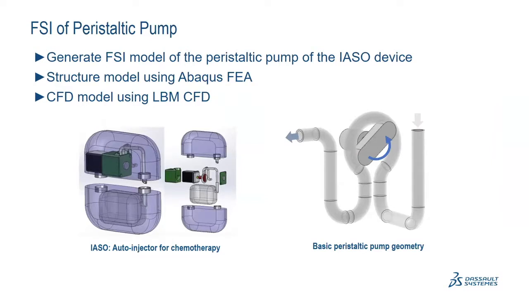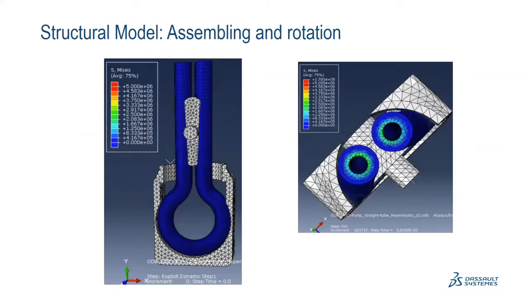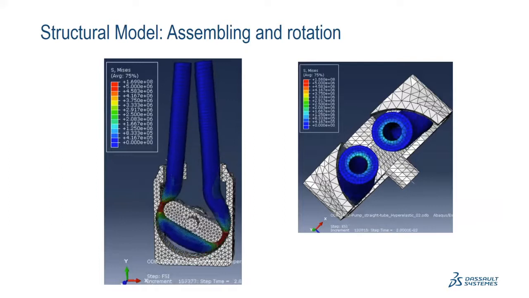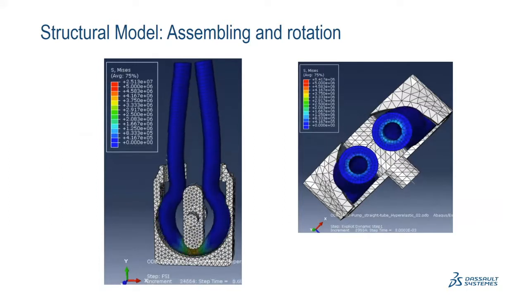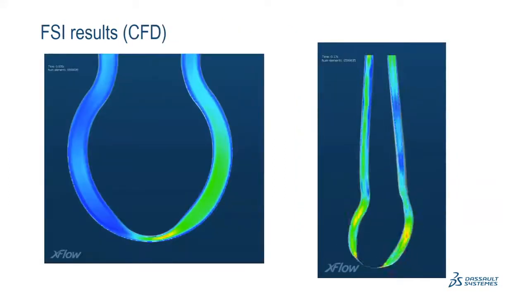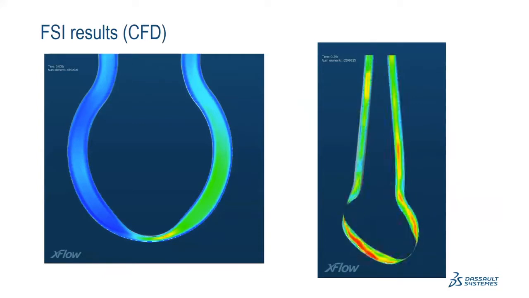Below is the image of the structure of this pump, and the structural simulation is done by Abaqus FEA, while the CFD side is handled by our LBM solution. So you can see this is the structural side. You can see how the peristaltic pump works, and you can see all the stress distribution and stress concentrations. And on the next page, you can see the CFD results of how the fluid moves inside this pipe here.